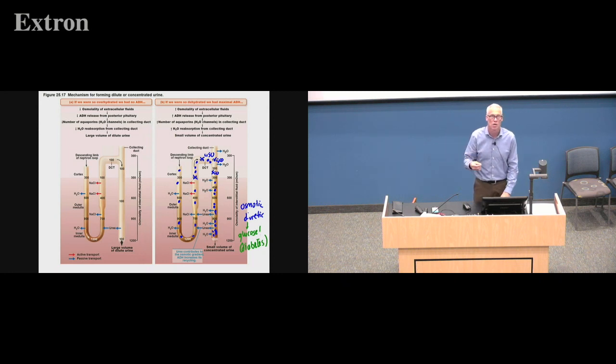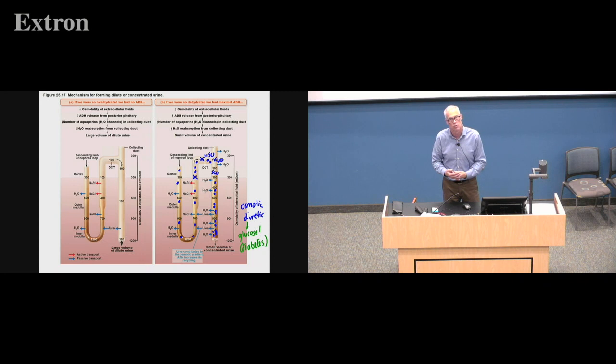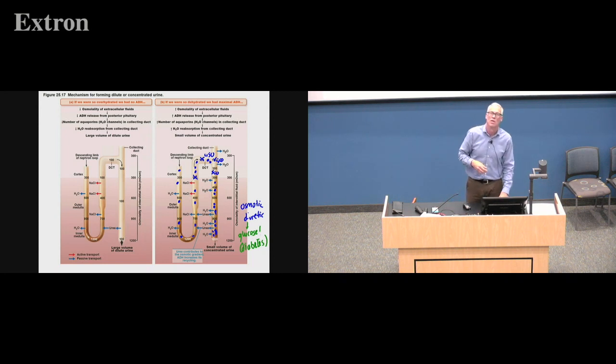If there's a lot of glucose in the blood, there's going to be too much glucose in the filtrate. The proximal tubule can't capture it all. It exceeds the transport maximum, or TM, of glucose, and so glucose is now going to spill over into the descending limb of the loop of Henle. There's no further opportunity to reabsorb glucose. It has to happen in the proximal tubule.